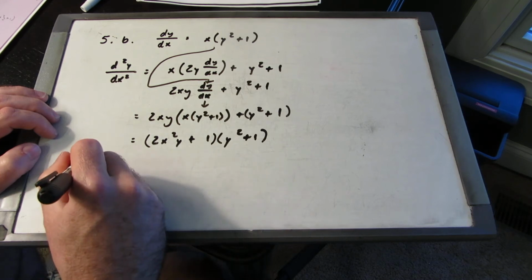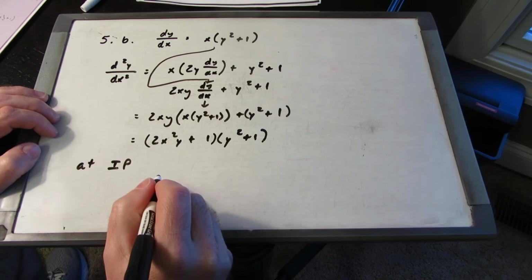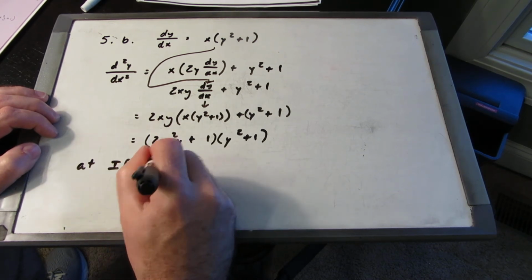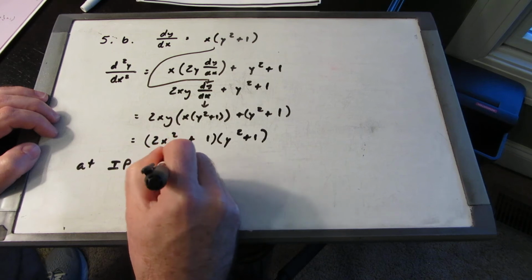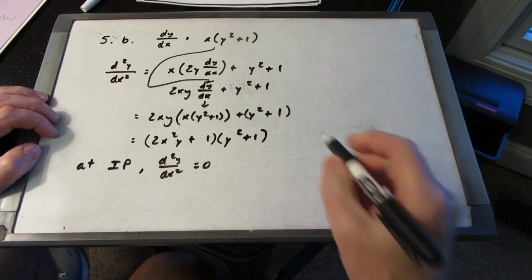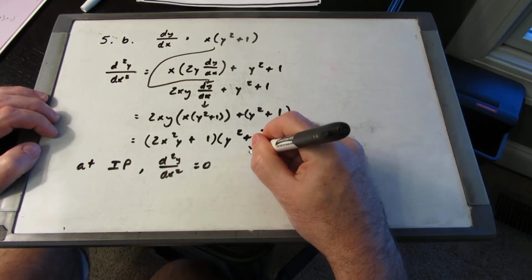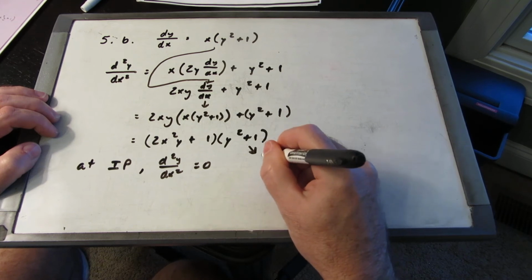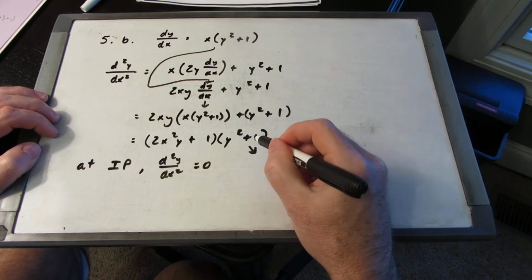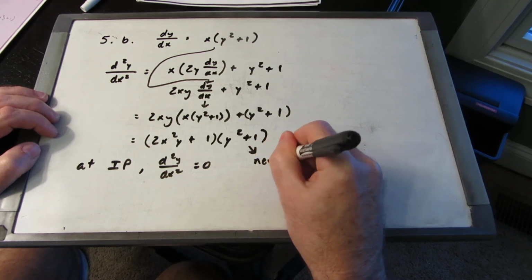At an inflection point, you know that the second derivative has to equal 0. So we set this equal to 0, and you know that part, y squared plus 1, can never be 0, because no matter what you put in for y, if you square it it's going to be positive, plus 1, so never 0.